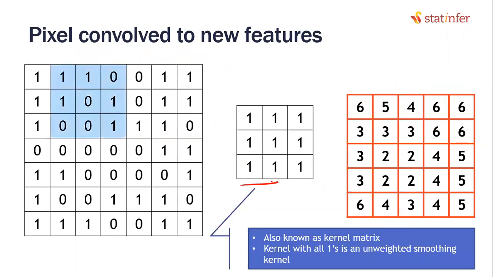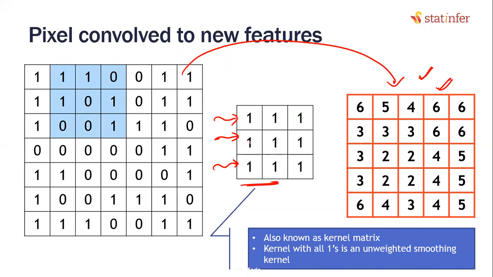This is also known as the kernel matrix, and you can have different values in it, not always simple ones. If you change the values of the kernel matrix, the resultant convoluted image will change. If I have 100 instead of that, the resultant image will be slightly different.